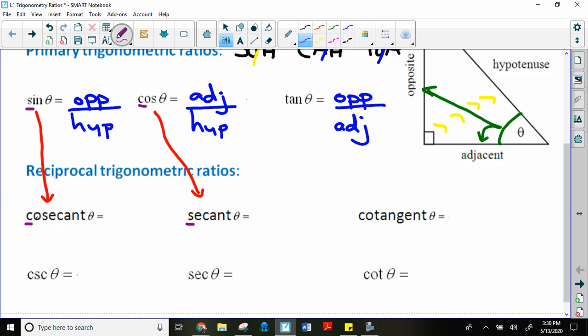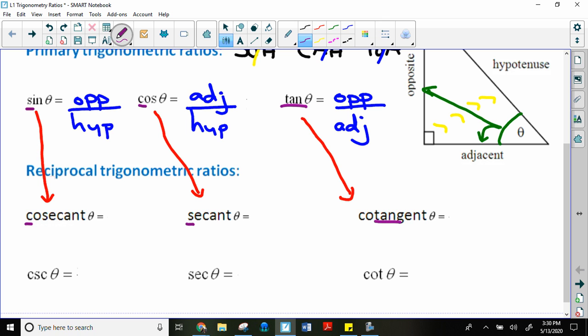You can see how that gets interesting. But then tan, the nice thing about tan is its reciprocal, oopsies, it's cotangent. So you've got the word tangent in there, so you know that this one has to deal with tan. That's the reciprocal.